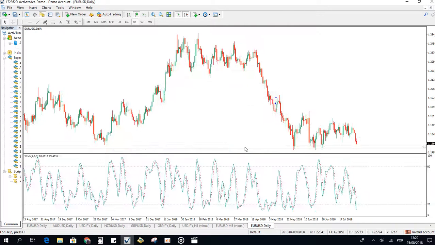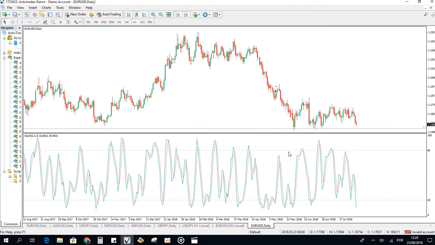This shows you a representation of when the price is oversold and overbought. You have two lines here, a line at 80 and a line at 20. When it's above 80, it means it's overbought, and when it's under 20, it's oversold.